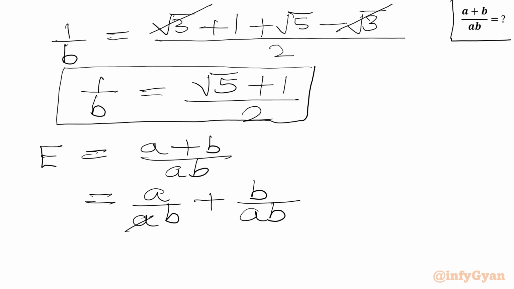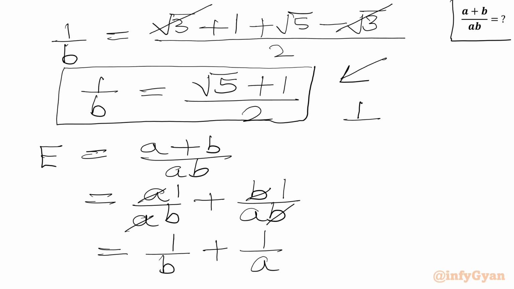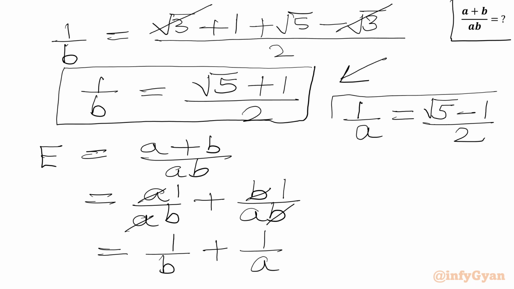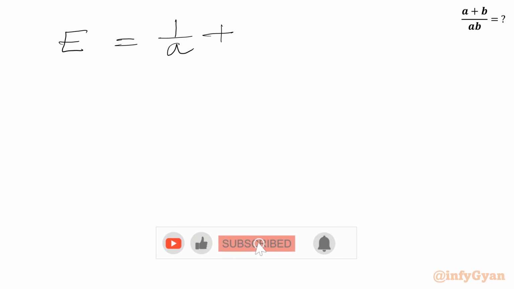Now I can cancel A with A, B with B. So ultimately we have to calculate 1 over B plus 1 over A. This is our 1 over B, and we have calculated 1 over A also, root 5 minus 1 over 2. So simply we have to add 1 over A plus 1 over B. So let me write here, E will be equal to 1 over A plus 1 over B.